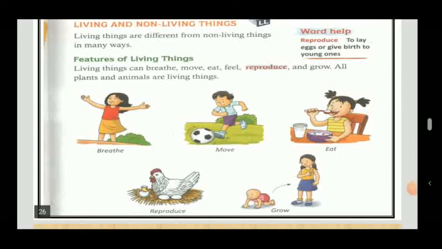Plants make their food in the leaf and they take food from the soil, from the root. And animals are living things like human beings. Animals also eat, drink, and take in air by breathing, and also give birth to their young ones.